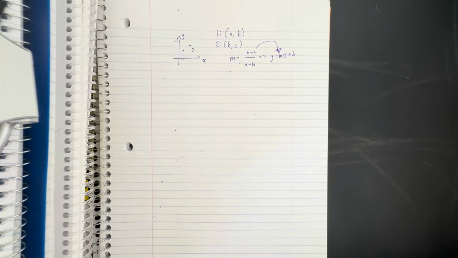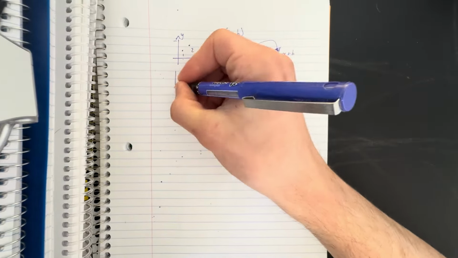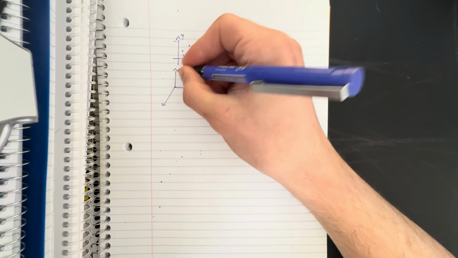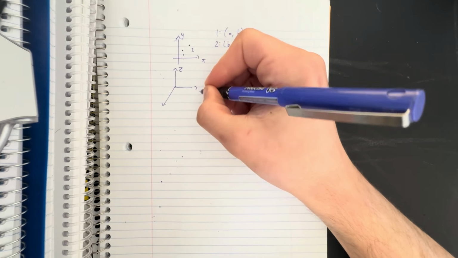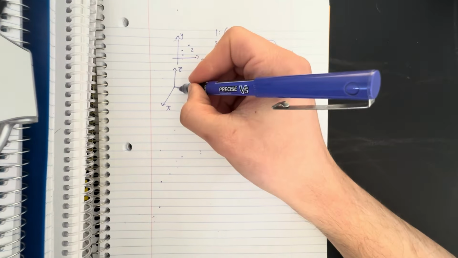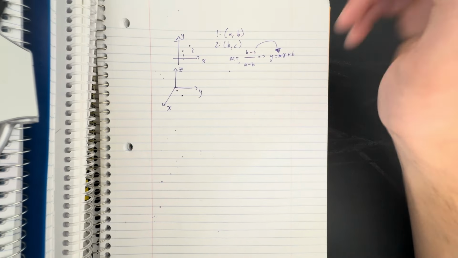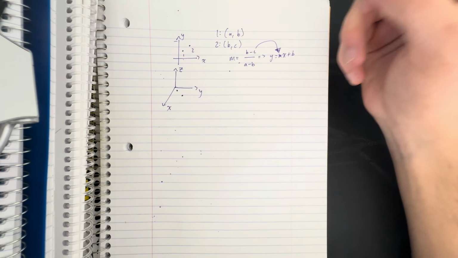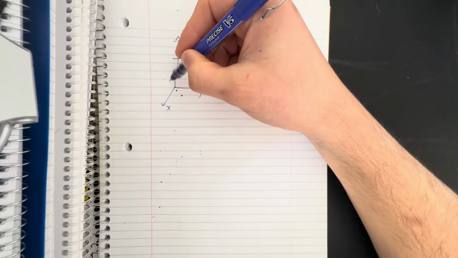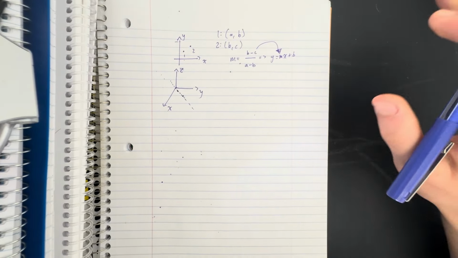Now, if you do the same kind of thing in 3D, you've got your xyz axes, so this is z, this is y, this is x, and you've got the same kind of situation. Say you want to find the line that goes through these 2 points in xyz space, and you want it to be 1D, remember.